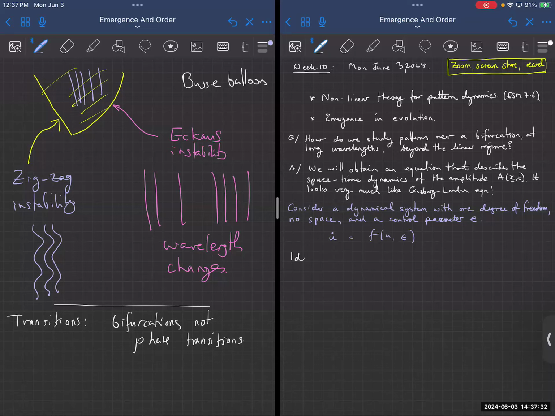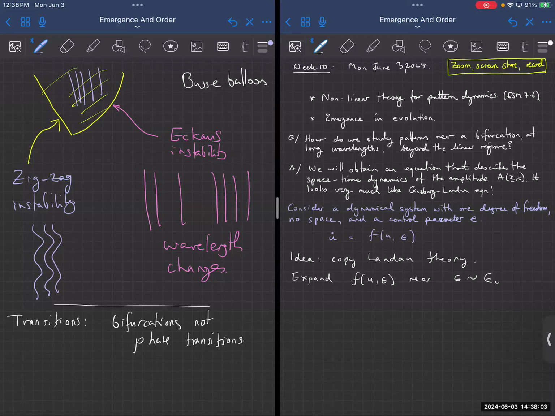The basic idea is to copy the Landau theory idea. What we're going to do is expand f of u and epsilon near the critical point epsilon c, where a pattern first forms.